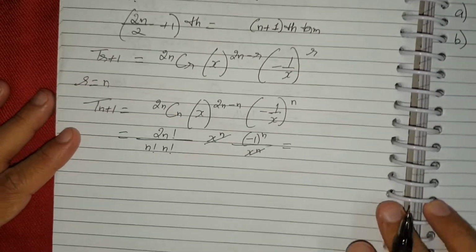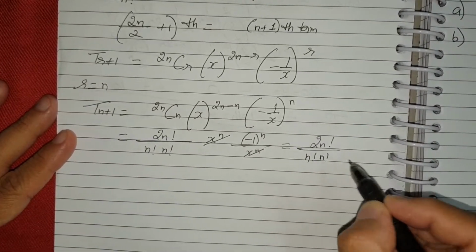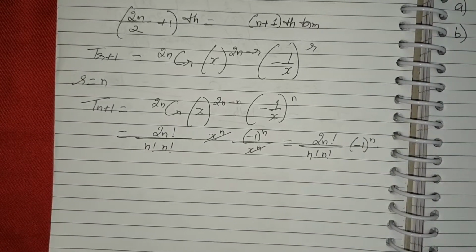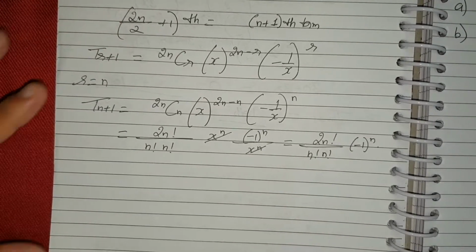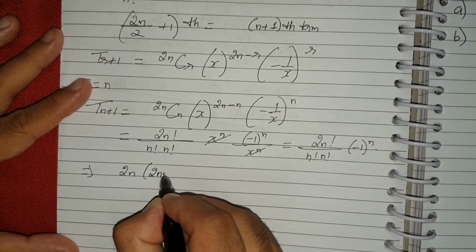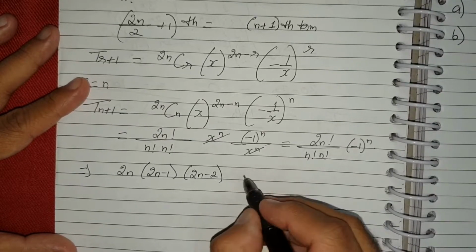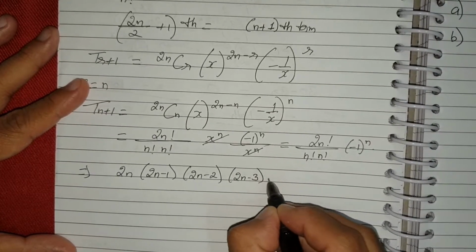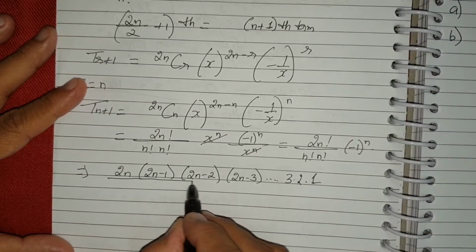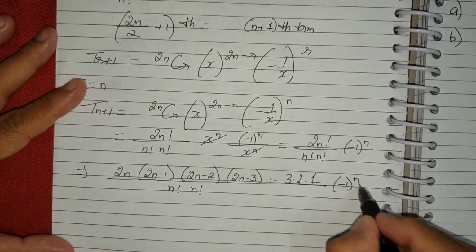So, what are we left with? We are left with 2n factorial upon n factorial into n factorial, into minus 1 to the power n. Now, this is 2n factorial, so you can write this as 2n, 2n minus 1, 2n minus 2, 2n minus 3 and so on up to 3, 2, 1, upon n factorial, and this is minus 1 to the power n.